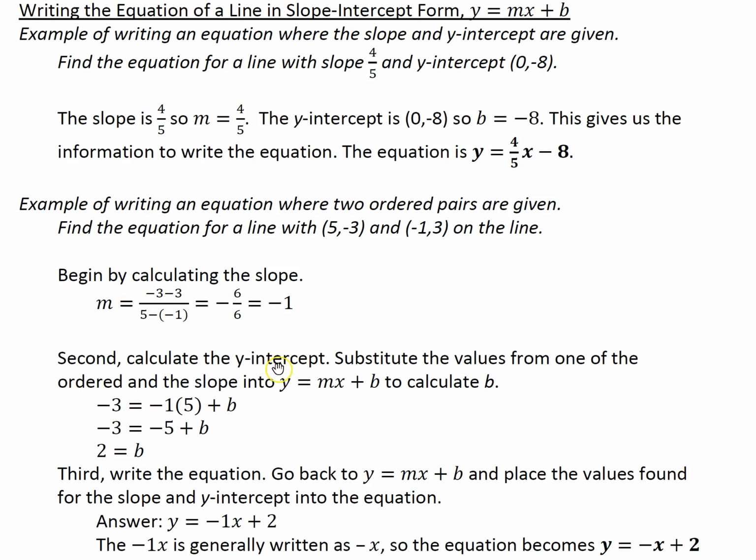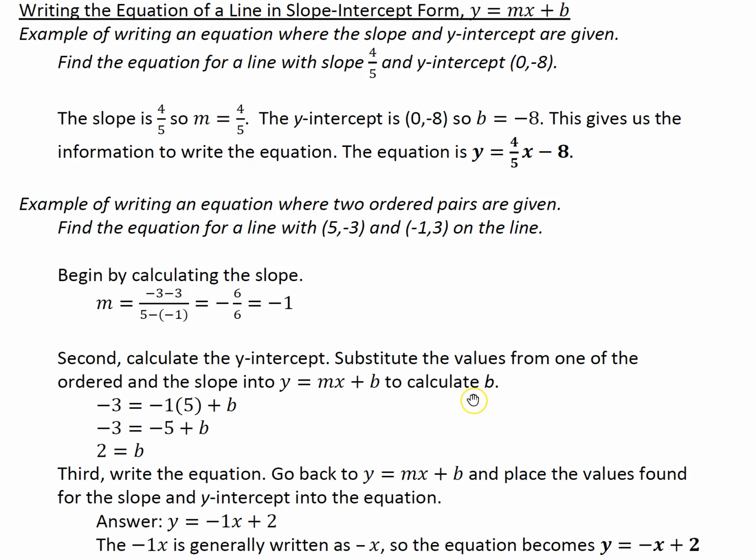Now we're going to calculate the y-intercept. At this step, there's a couple ways to approach finding the y-intercept. In my approach, I like to substitute the values from one of the ordered pairs and the slope into the equation y equals mx plus b to calculate b.